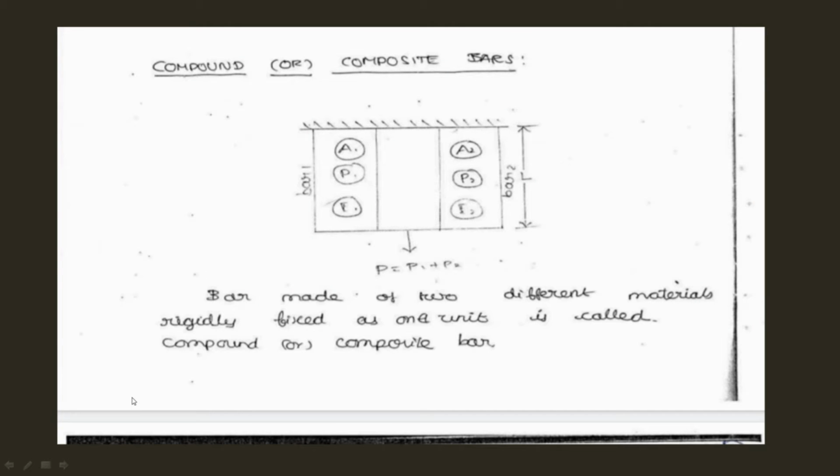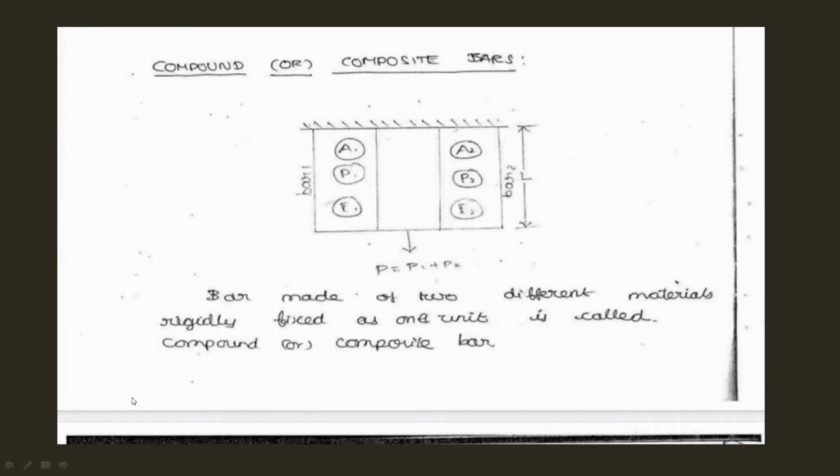Here there are two conditions for a composite bar. The elongation or contraction is always equal, that means the strain in each bar, the steel bar and the aluminum bar, is equal, and strain is always constant.